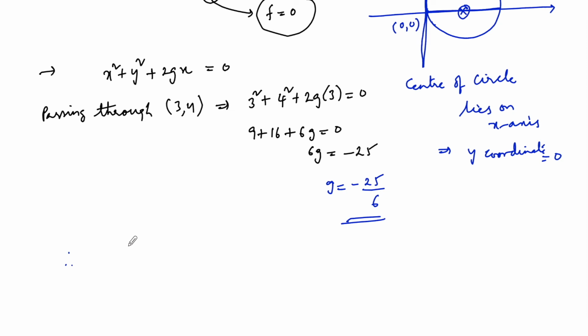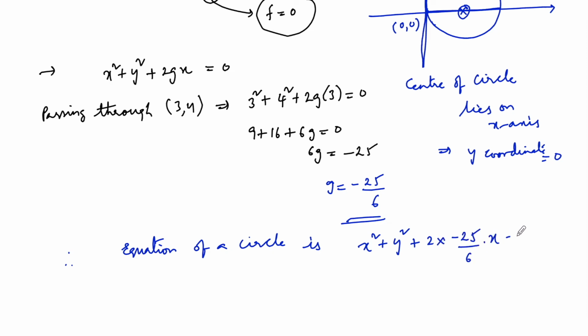So the required equation of circle is x square plus y square plus 2 into minus 25 by 6 of x is equal to 0, or we can write this as 3 times of x square plus y square minus 25x is equal to 0. So the equation is 3 times of x square plus y square minus 25x is equal to 0. Okay.